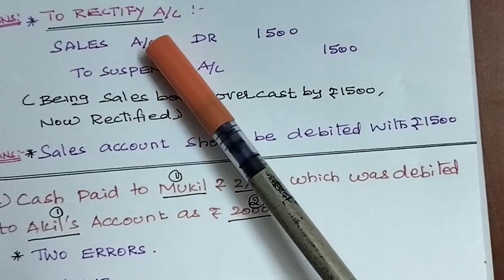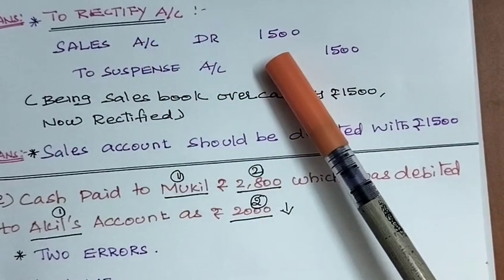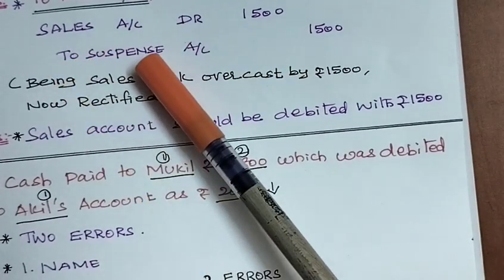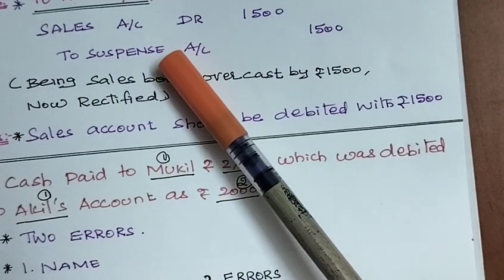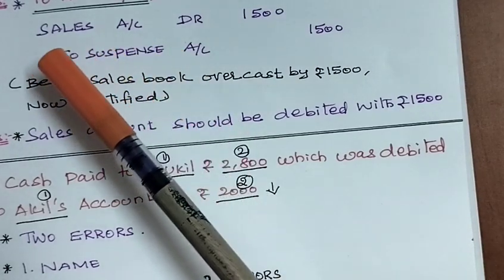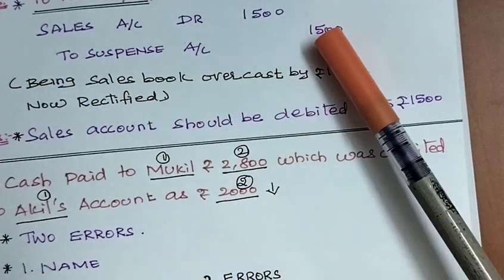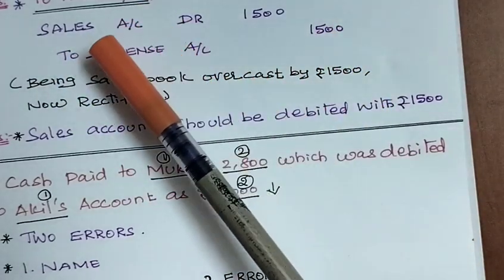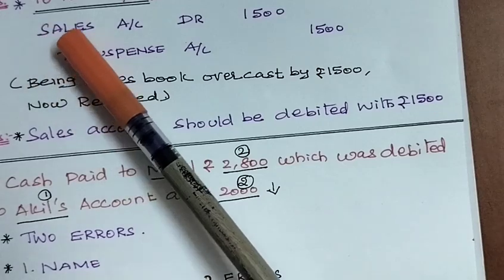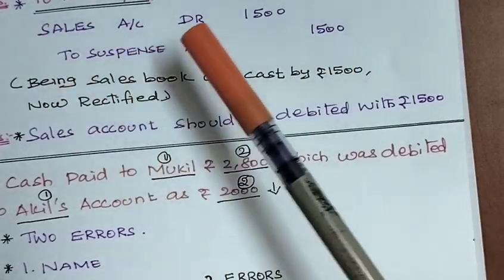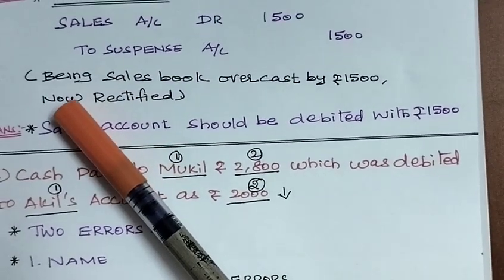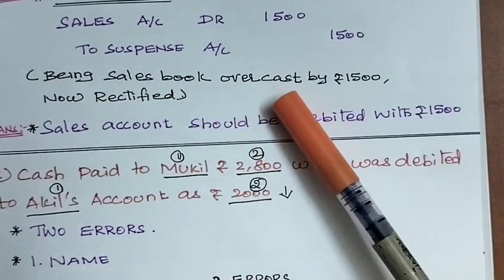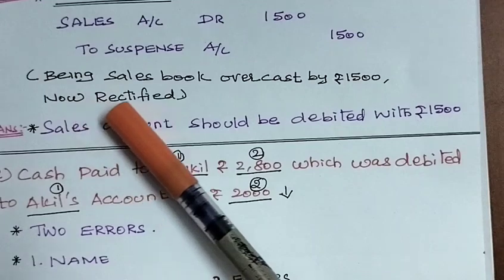So sales account debit 1500, we have to create the suspense account on the credit side, then only the trial balance will be tallied. So to suspense account 1500 rupees. Now the error will be rectified. Sales account debit 1500 to suspense account 1500. The narration is being sales book overcost by 1500, now rectified.